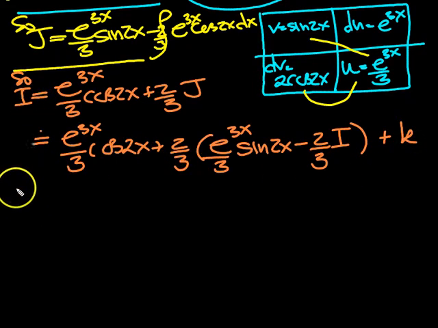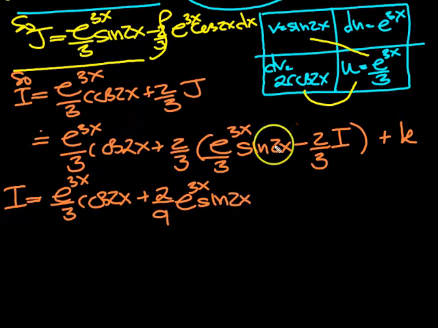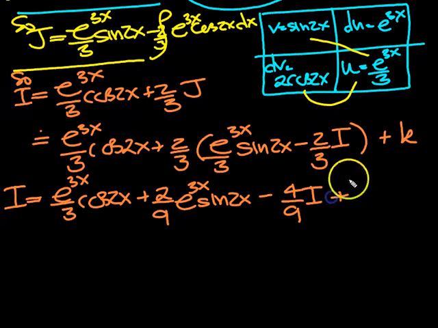So let's expand the bracket. So what have we got then? I equals this, e to the 3x over 3 cos 2x. 2/3 of that will be 2/9, plus 2 over 9 e to the 3x sine 2x. And then that will be minus 4/9, agreed, of I plus K. Bring the 4/9 over to add to the 9/9, the 1 over here, you get 13/9.